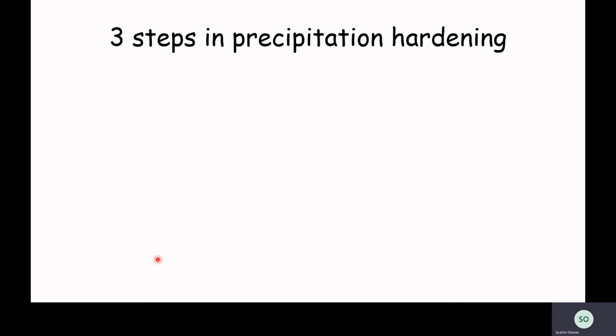The details of how the precipitation process works can seem a little bit complicated, but a simple way of explaining it is by looking generally at the three steps that are involved. First, we have solution treatment, quenching, and aging. So, in general, there are three steps involved in precipitation hardening.